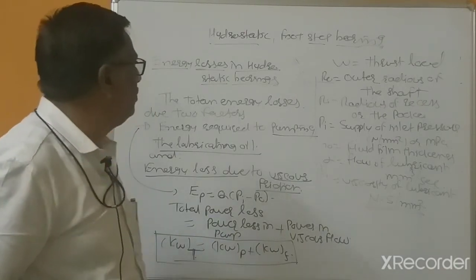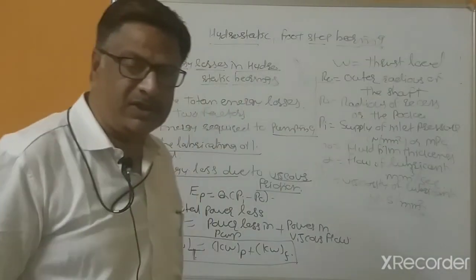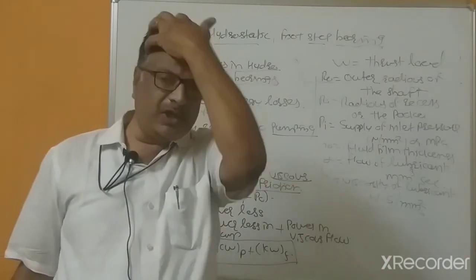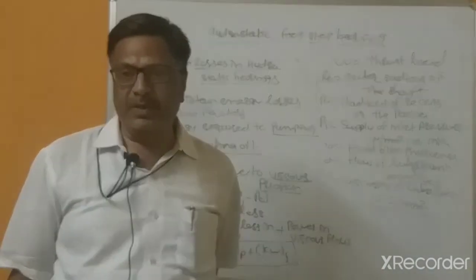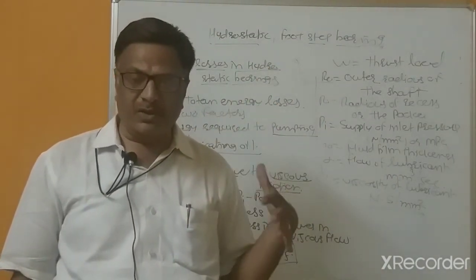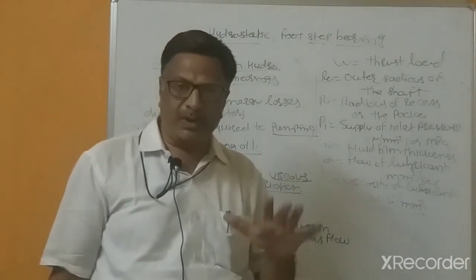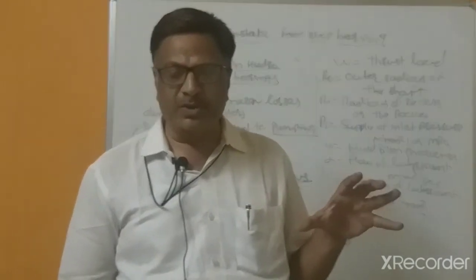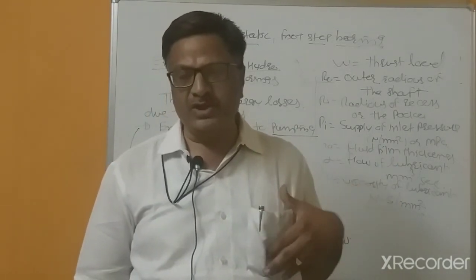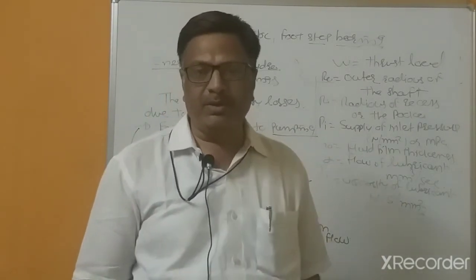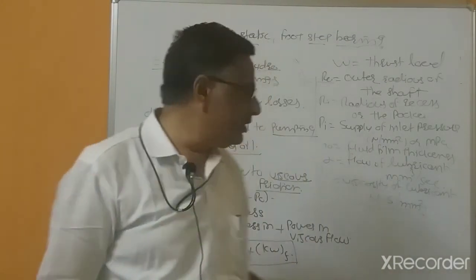So I think you understand. What are the energy losses? Here two types of energy losses are to be considered in hydrostatic bearings. One is the pump loss, because the pump does not have 100% efficiency, so some friction losses must be considered during operation of the pump.